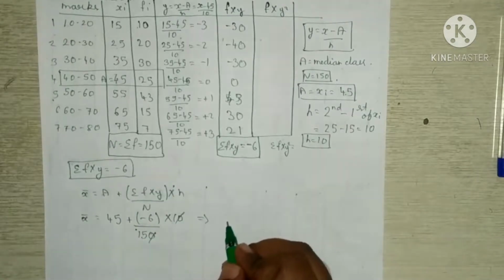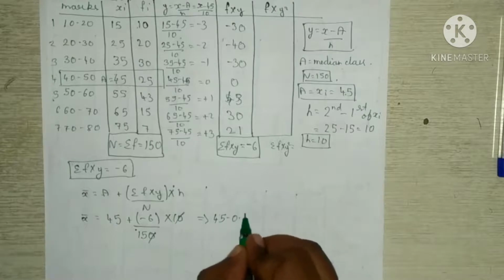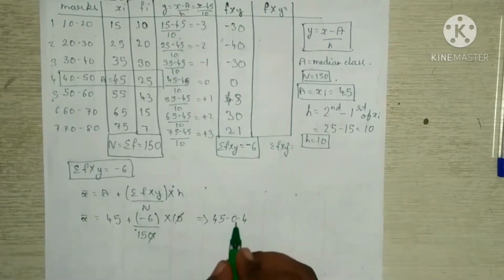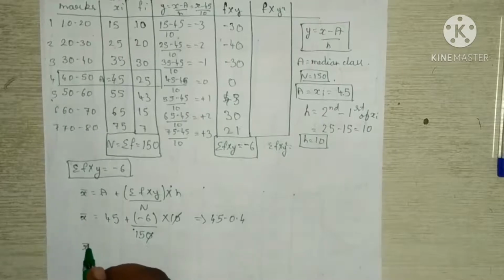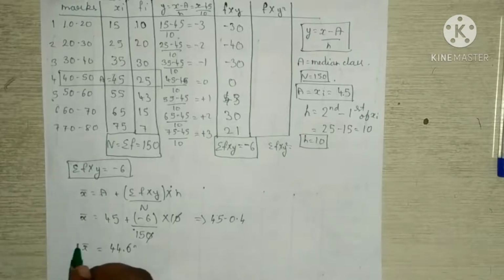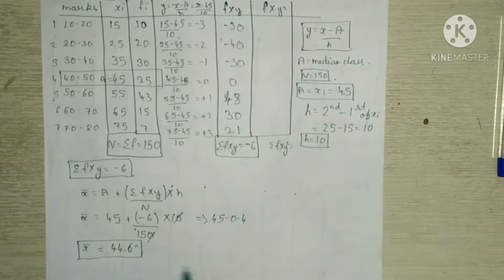Minus 6 divided by 15 is 0.4. So X bar is 45 minus 0.4, which is 44.6. Okay, mean is equal to 44.6.